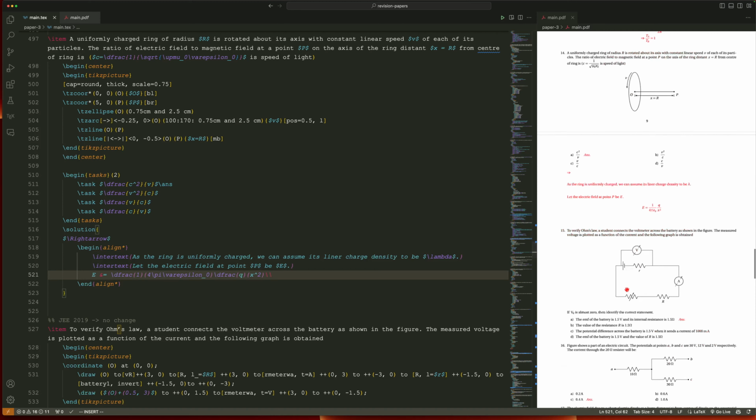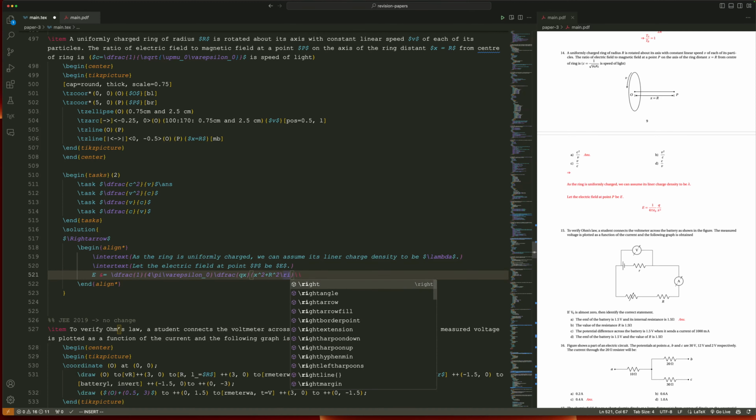I think I can use Q upon, let's say, Qx over r square plus x square, all to the power 3/2.